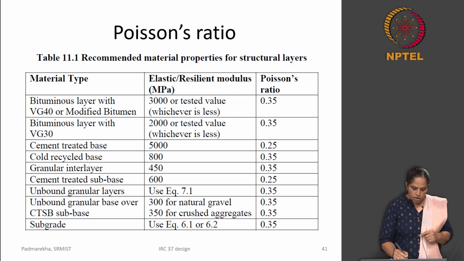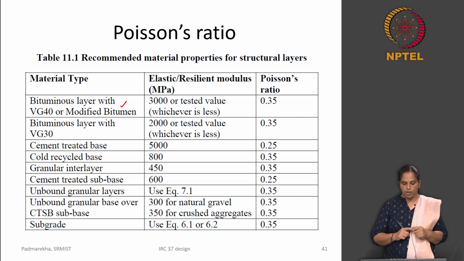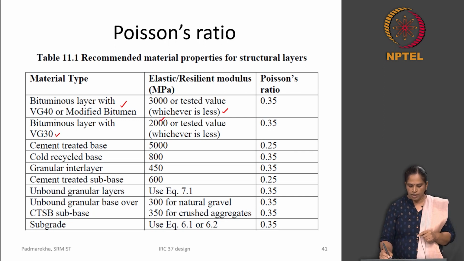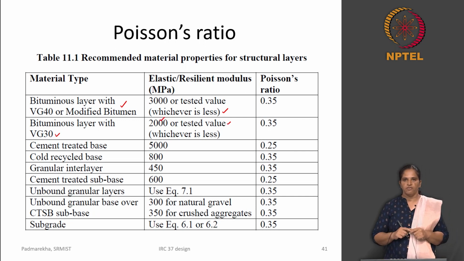For a bituminous mixture with VG40 or a modified bitumen, the resilient modulus used is 3000 megapascal or a laboratory tested value, whichever is lower. Now, for a bituminous layer with VG30, 2000 or laboratory tested value, whichever is lower, is preferred here.